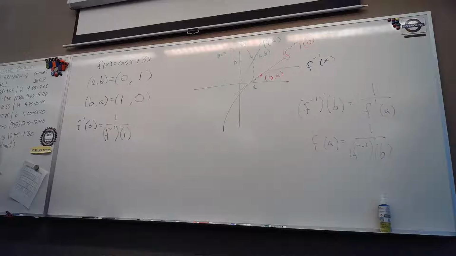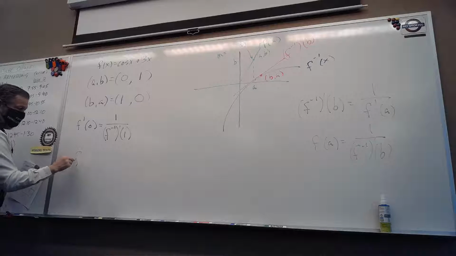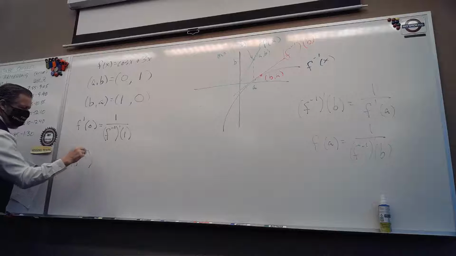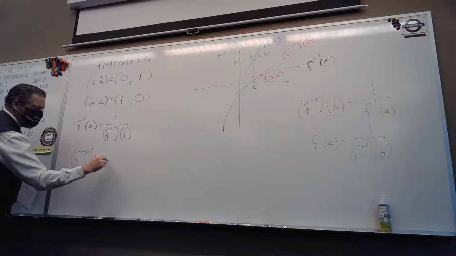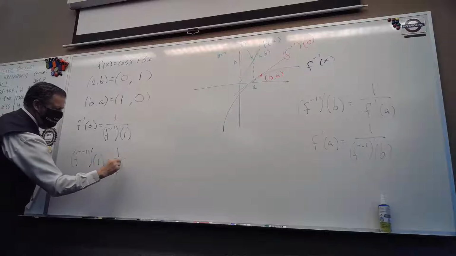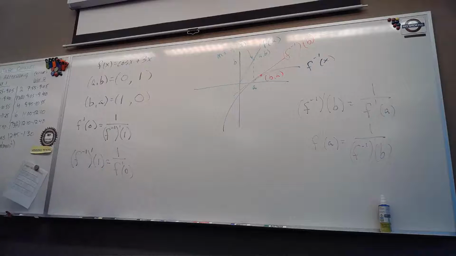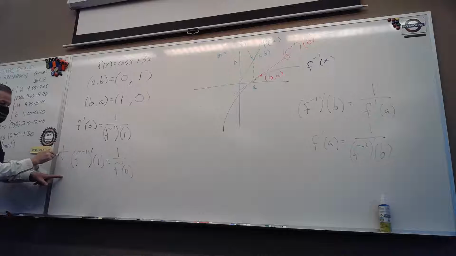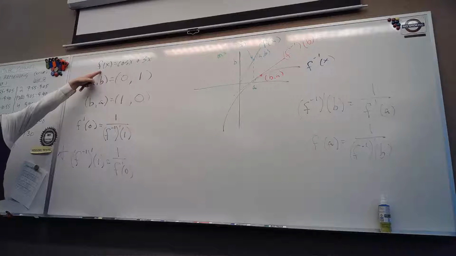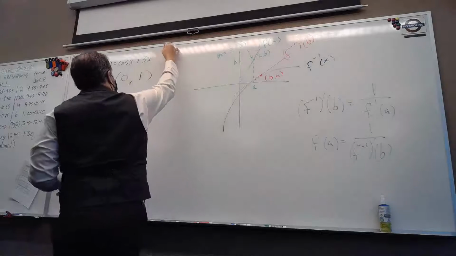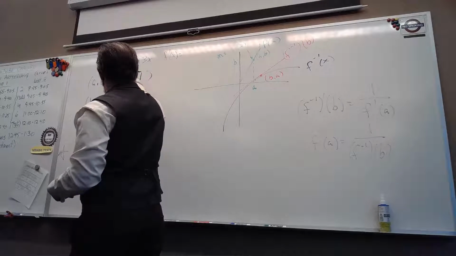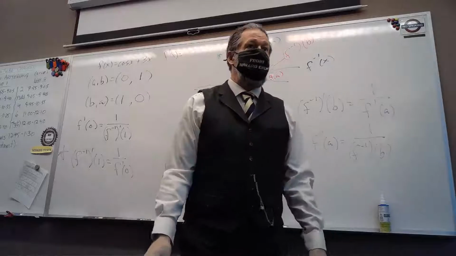And probably more usefully, the derivative of the inverse at x equals 1 is 1 over the derivative of the original function at x equals 0. And the reason I say more usefully, because I can find the derivative of this. F prime is equal to, well, whatever the derivative of that is.